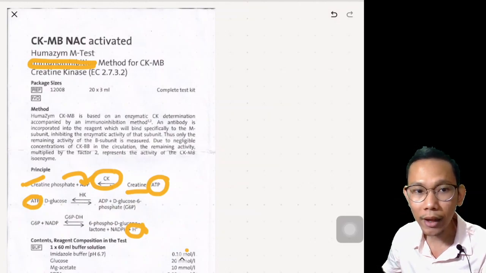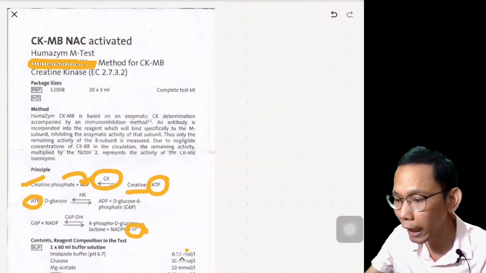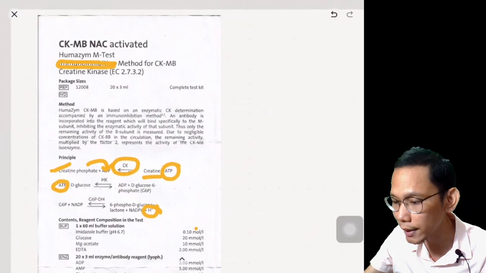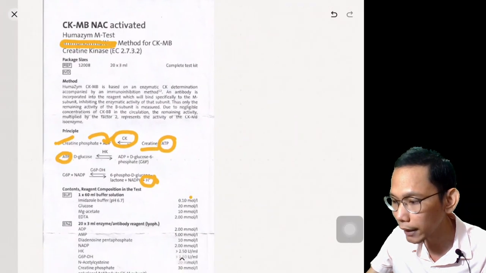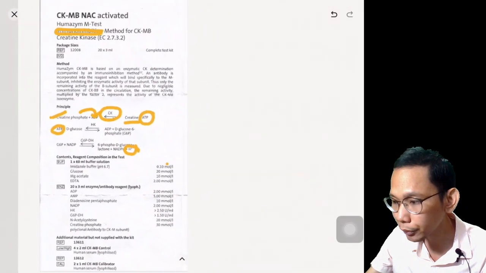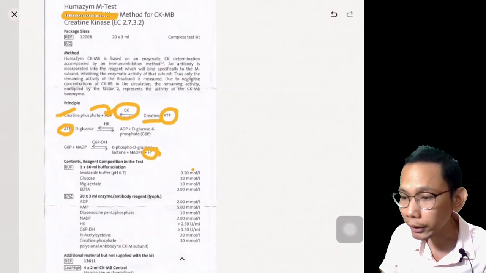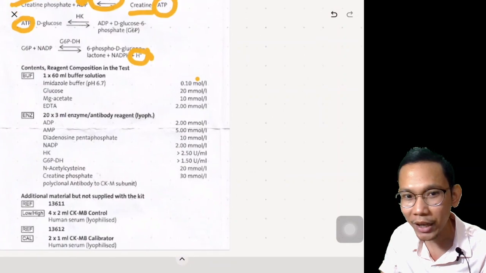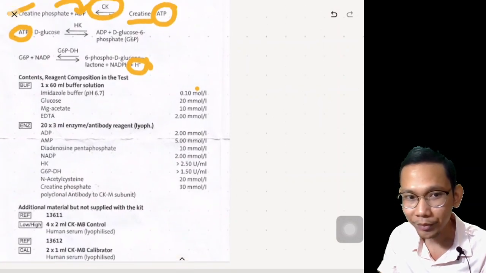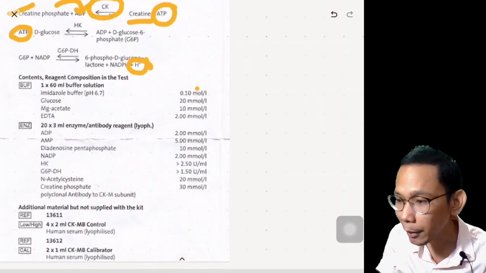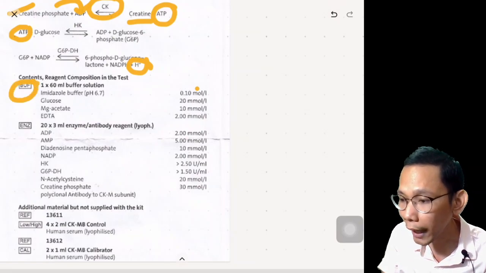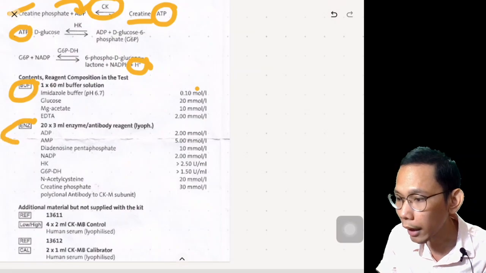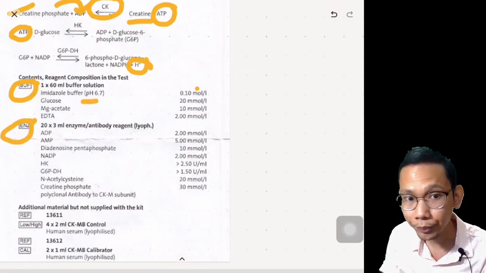So sa kit ng CKMB NAC, meron tayong different reagents. Ito yung mga reagents na dapat nating tatandaan. Meron tayong, antayin ko lang, medyo nagde-delay siya sa ating screen share. Okay, meron tayong buffer, meron tayong enzyme. Ang buffer natin is around 6.7.